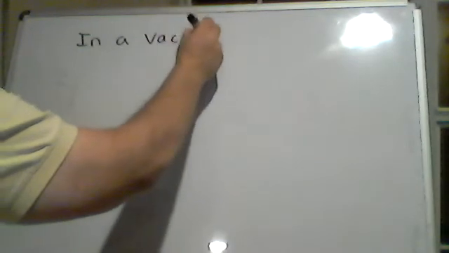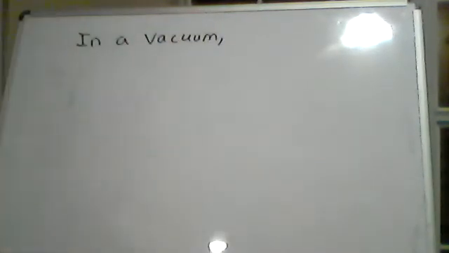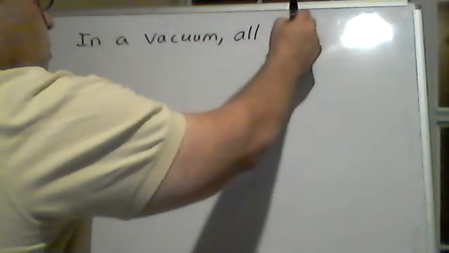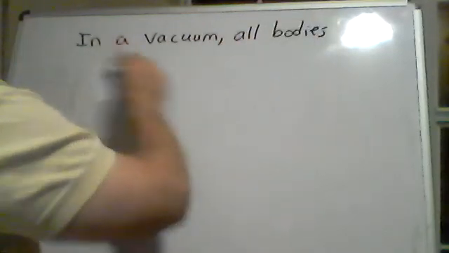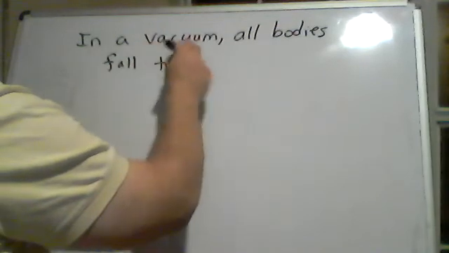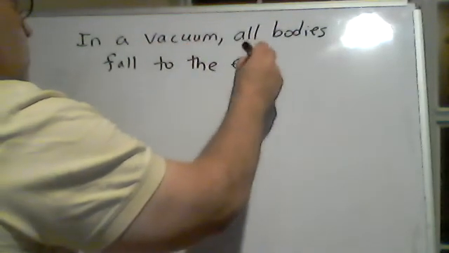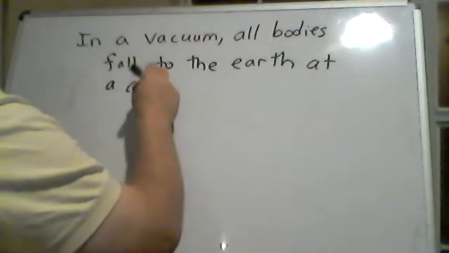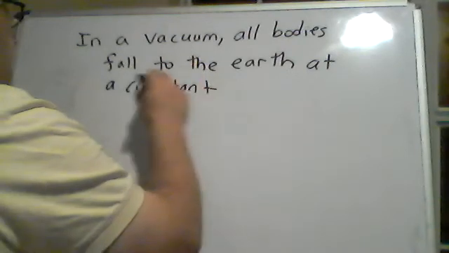So basically, in a vacuum, all bodies, Galileo was the first person to show this, all bodies fall to the earth at a constant acceleration.